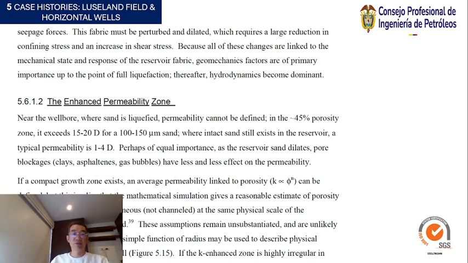A typical permeability is 1 to 4 Darcy, perhaps of equal importance as the reservoir sand dilates. Pore blockage clears as Fullerton's gas bubbles have less and less effect on the permeability.